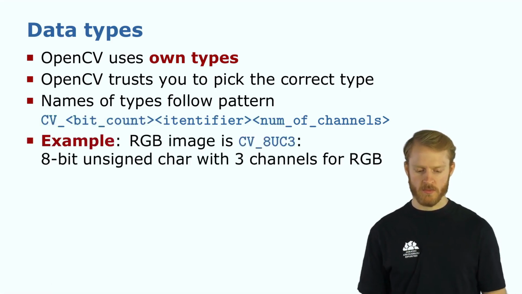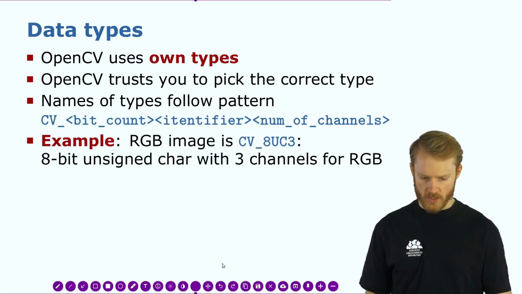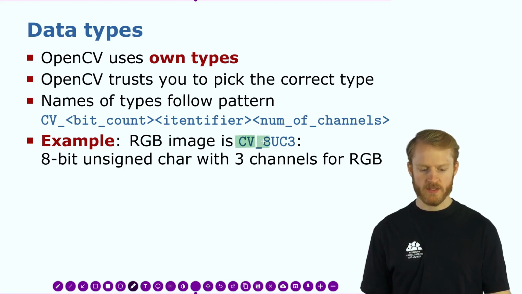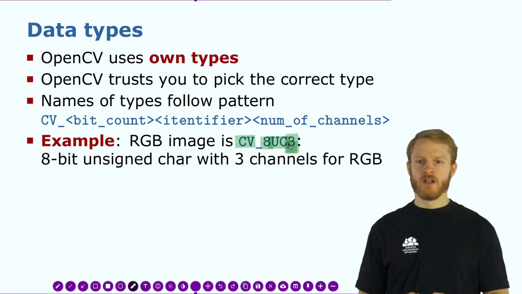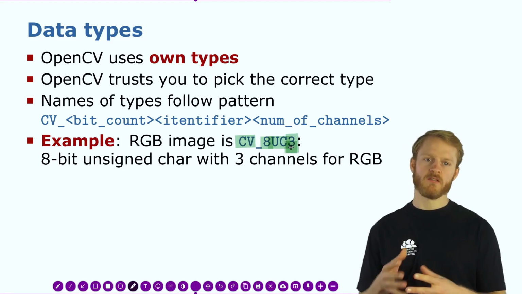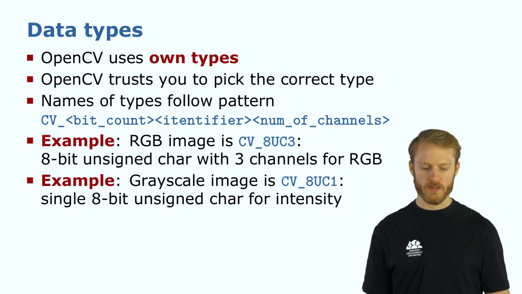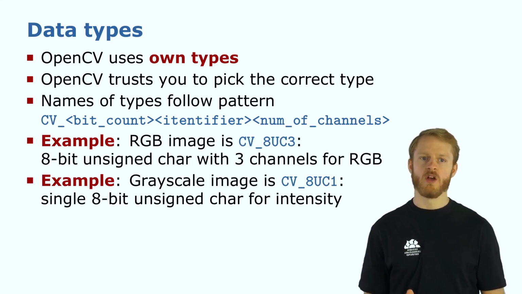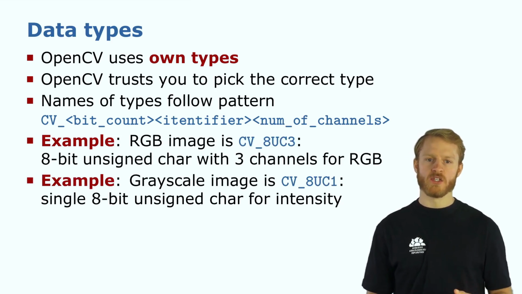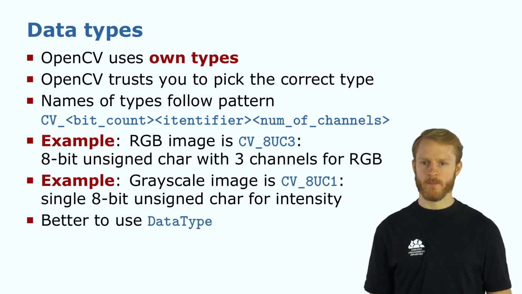We can see this example in which we have an RGB image, which is CV, the prefix, then 8 bits for this unsigned character type, and then 3 channels. In this case, this will mean that we will have basically the same structure 3 times, one for each RGB channel. The same is in grayscale, but in this case we need only one channel because it's for the intensity.